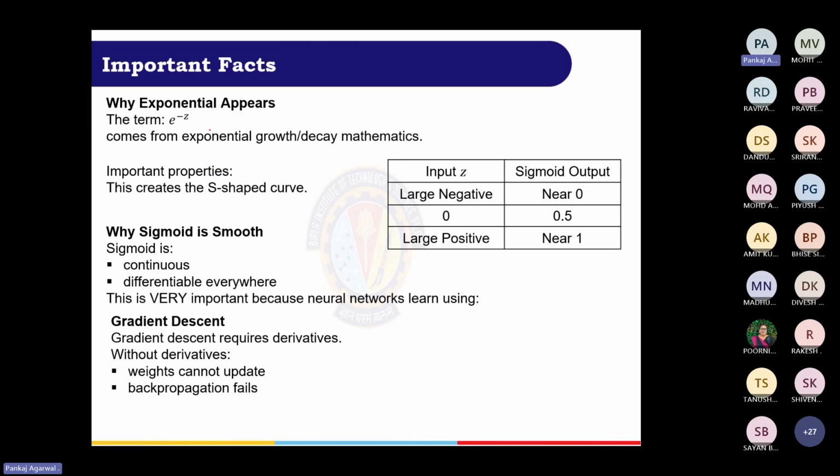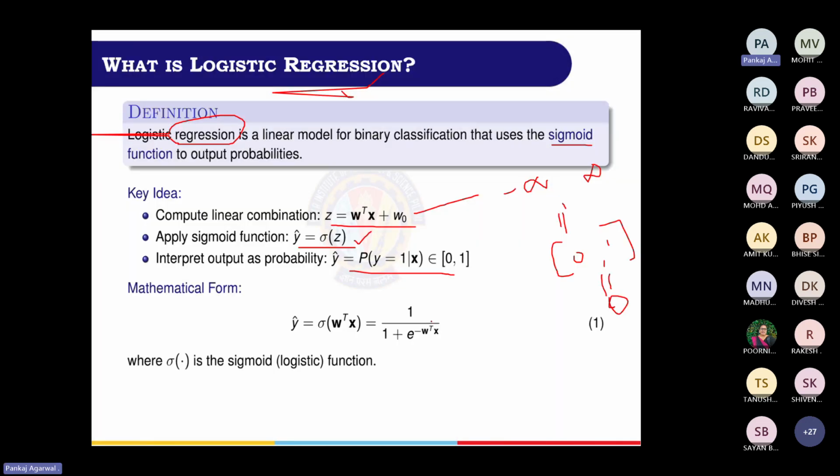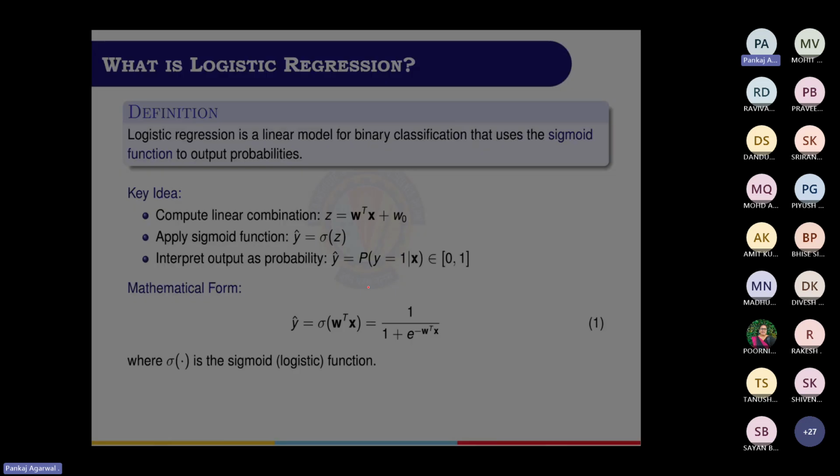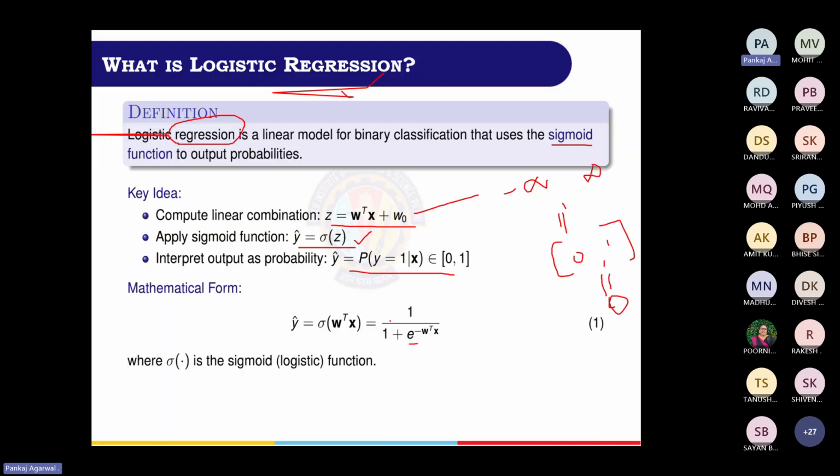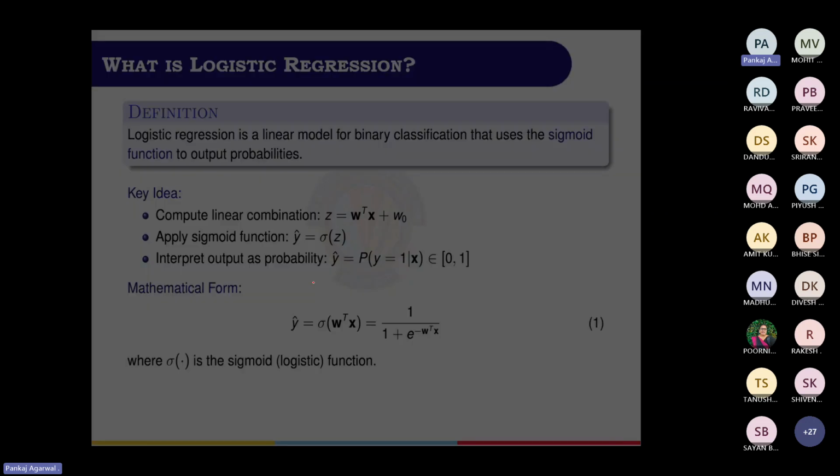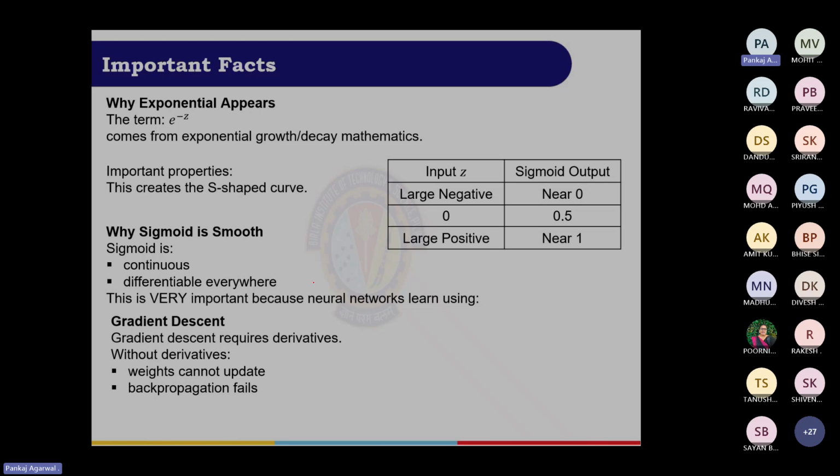Over here, someone might ask why these exponentials, what exactly is happening, right? This was the linear model that I was using. I have just embedded this linear model into the sigmoid function, nothing else. So why does the exponential appear?